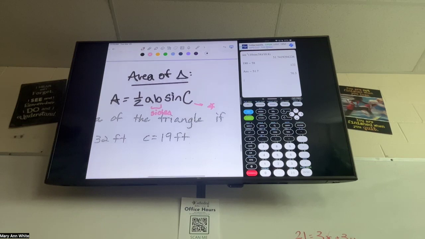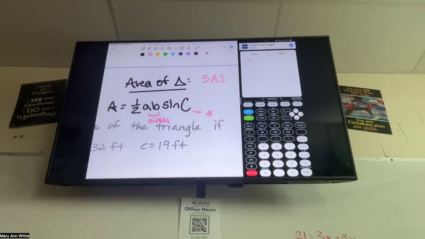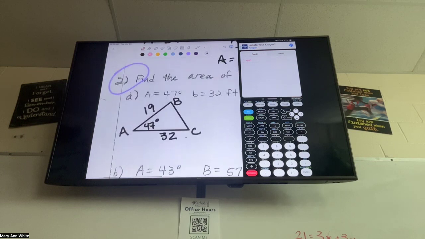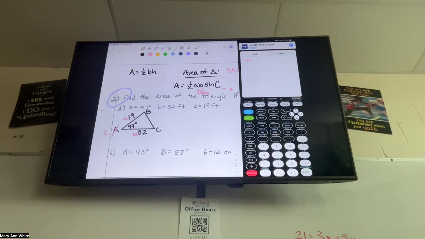This is basically using our SAS. This is using side, angle, and side. So the angle is not opposite either of those sides. So that means it's in between it, which is what we have right here. We've got side, angle, side. I know the way this is labeled is not A, B, and C like what we see, but the angle C would be the one in between them. And then either 19 or 32 would be your A or your B. So as long as it's two sides and the angle between it, it fits into our formula. And so we're just gonna plug in.